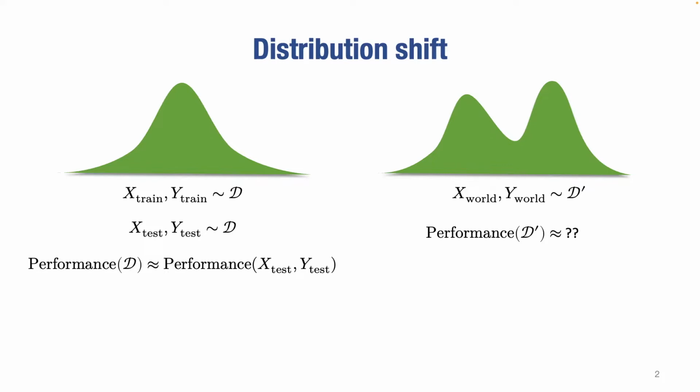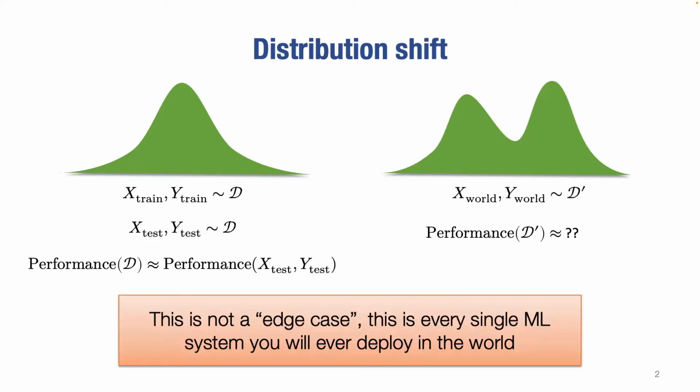That's your fault, right? Okay, now I presume people are somewhat familiar with this, but the main point I actually want to make is that this is not some kind of edge case that we may encounter sometimes in machine learning. This is literally every single machine learning system you will ever deploy in practice. Well, I guess there are some exceptions, maybe AlphaFold, a protein folding system, is really governed by physics.